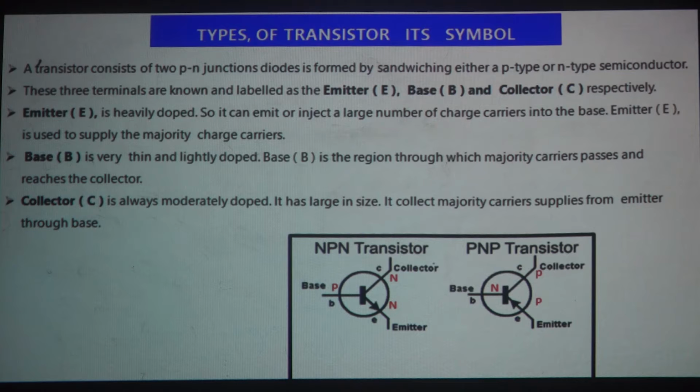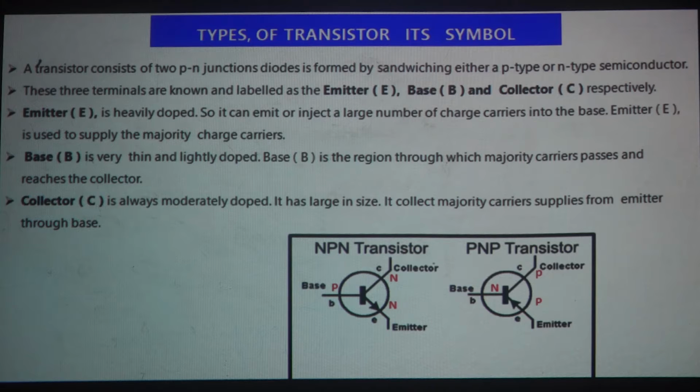The emitter is heavily doped so that it can emit or inject a large number of charge carriers into the base. Therefore, the emitter is heavily doped. The emitter is also used to supply the majority charge carriers.